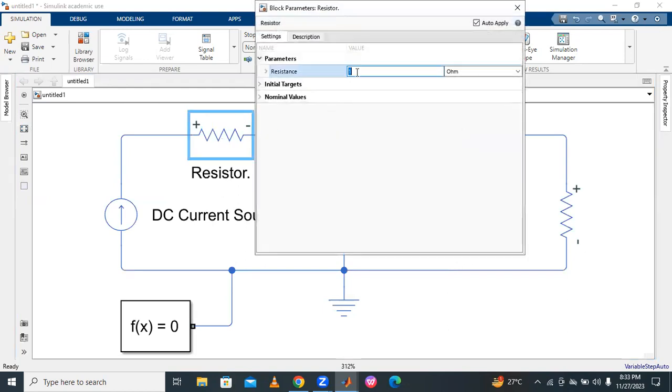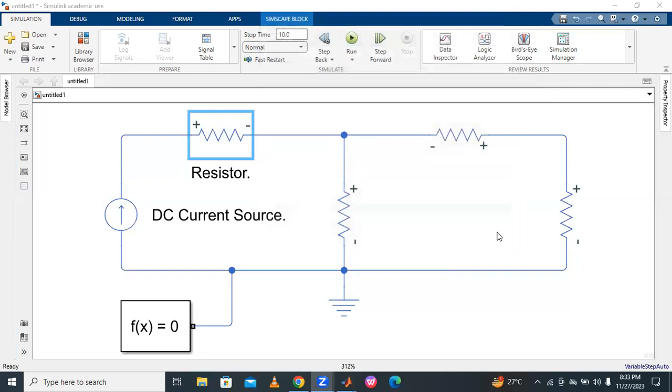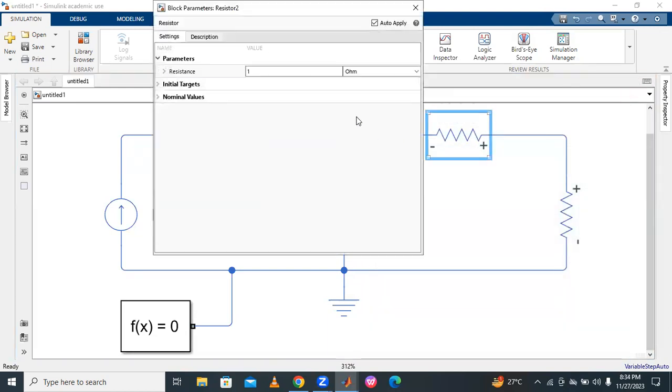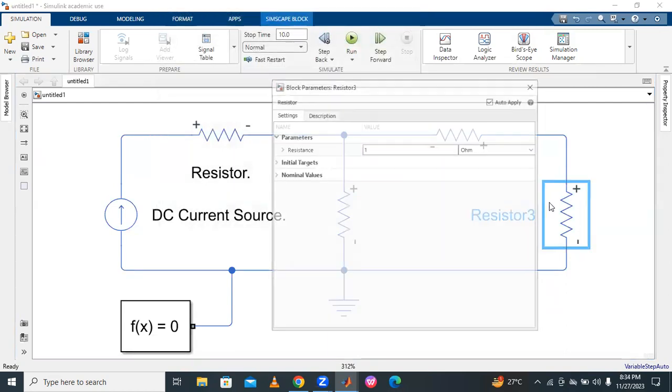Okay, so for example, the resistance of this one is 10 ohms, and the resistance of this one is also the same, 10 ohms. Here take 5 ohms, and here 5 ohms.